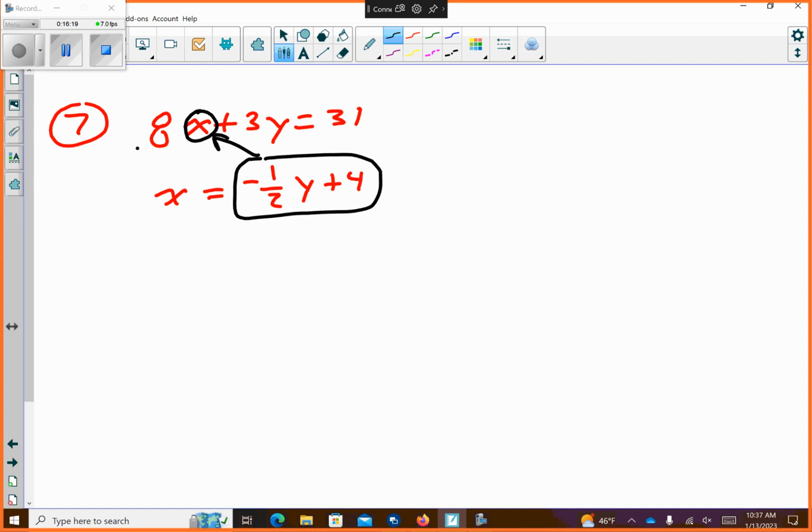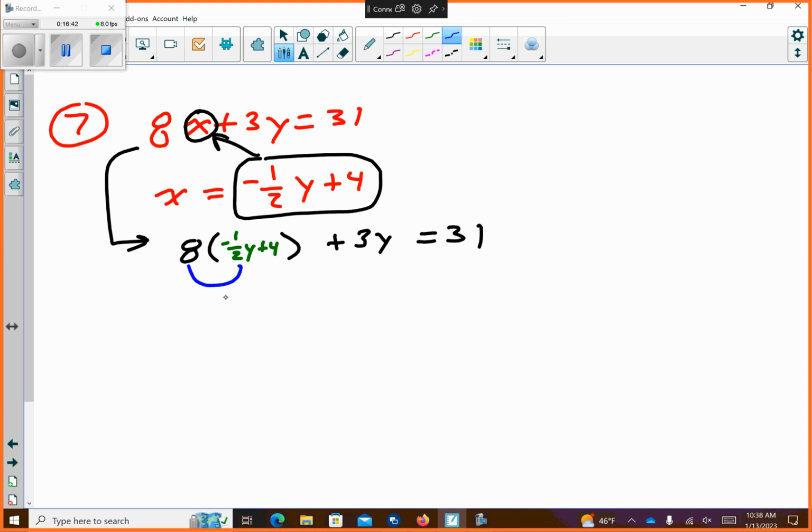Okay? So let's just bring it down. Where those parentheses live right now is where x used to live, but now the negative 1/2 y plus 4 are moving in. Okay, I think we can handle this.